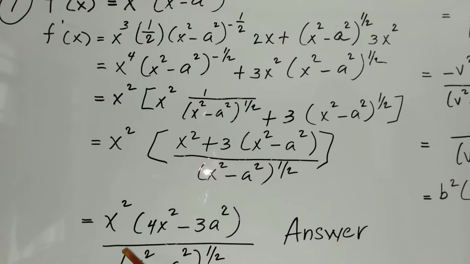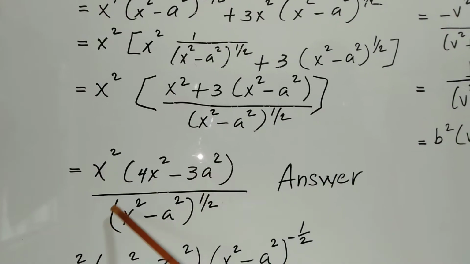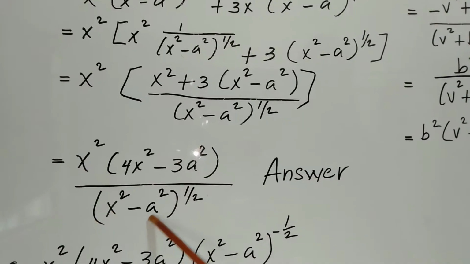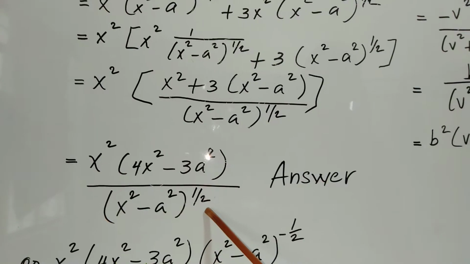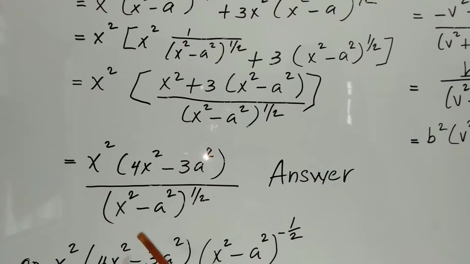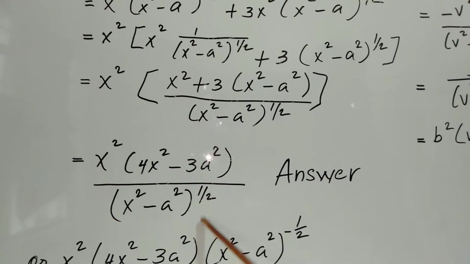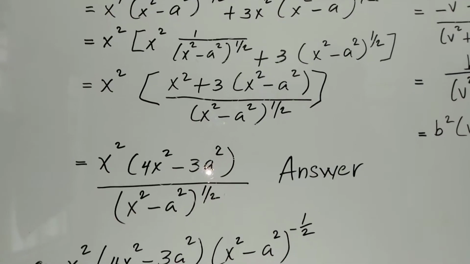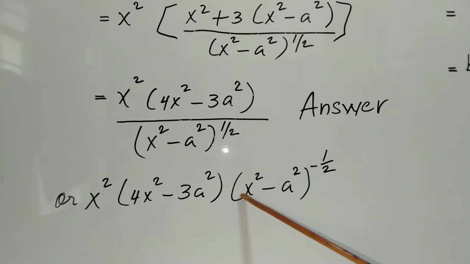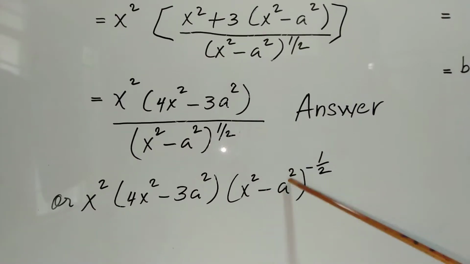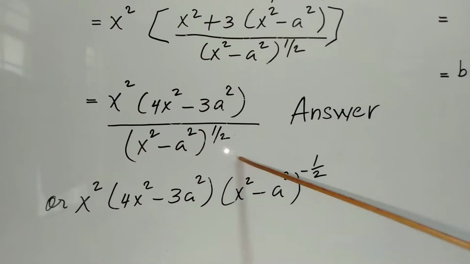So our final answer is x squared times the combination, 4x squared minus 3a squared, over x squared minus a squared raised to 1 half. No? Or this can also be written by putting this one in the numerator, and change the sign. So x squared times the quantity 4x squared minus 3a squared times the quantity x squared minus a squared raised to negative 1 half, since we put this on top, no?